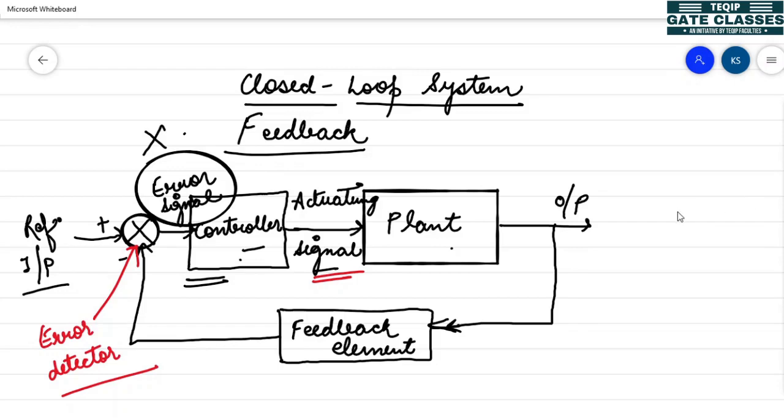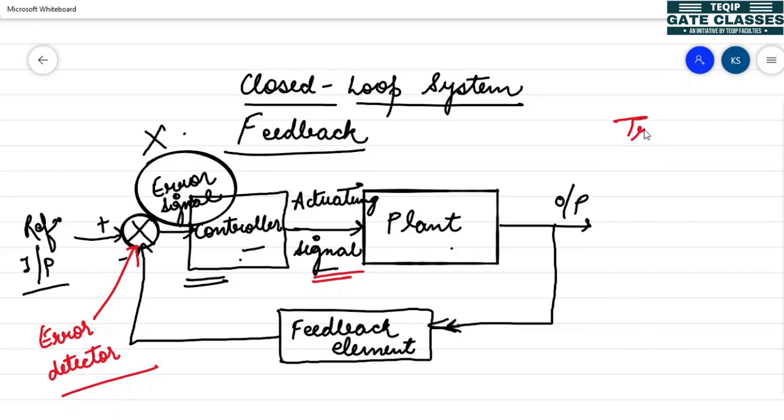So, one of the basic examples for the closed loop system is traffic light based on density of the traffic. There are two types of traffic light. One works on the time setting. So it will automatically turn red light on for 15 seconds and then green light will be on for 10 seconds. That is based on time setting.